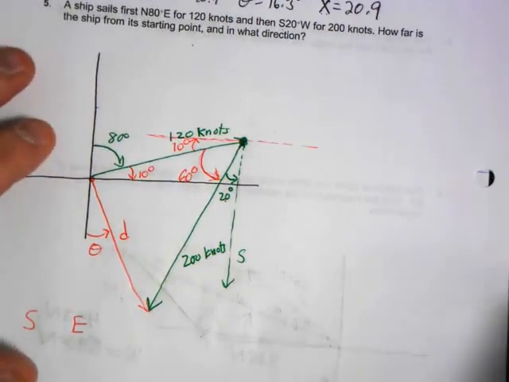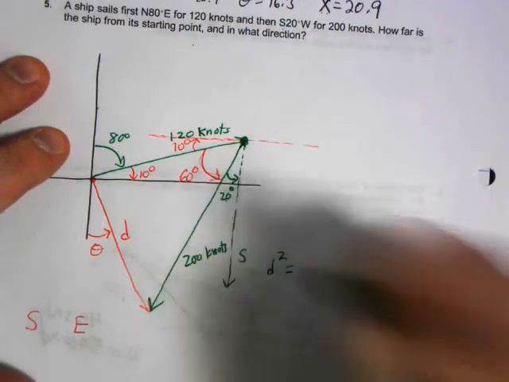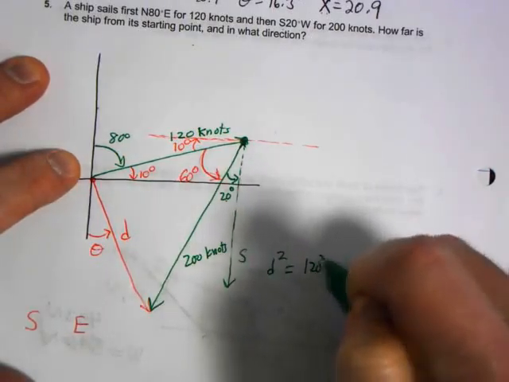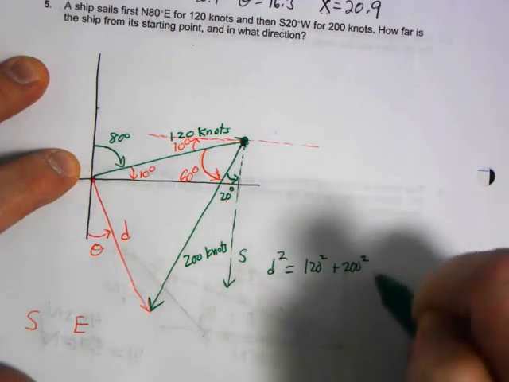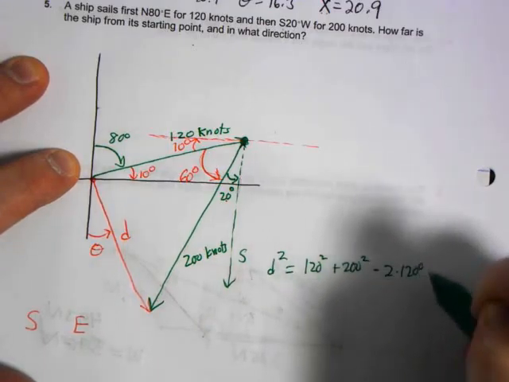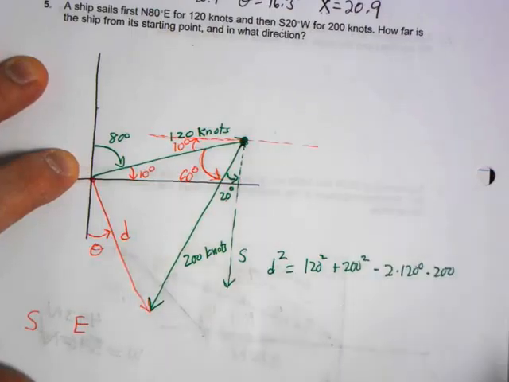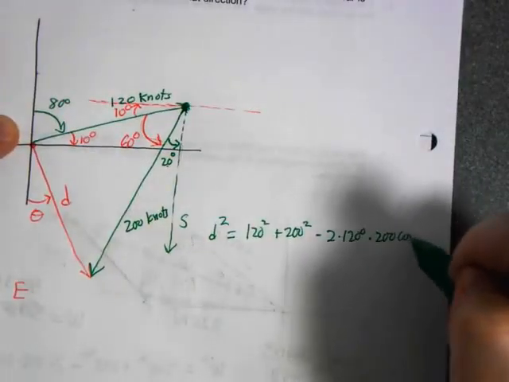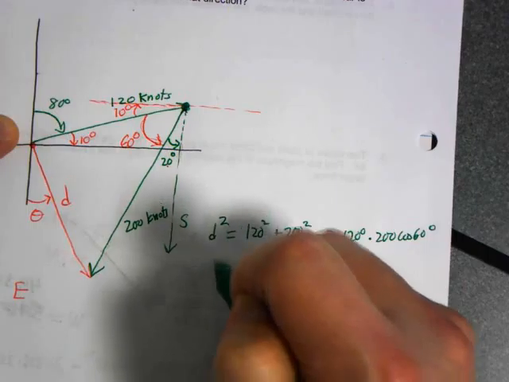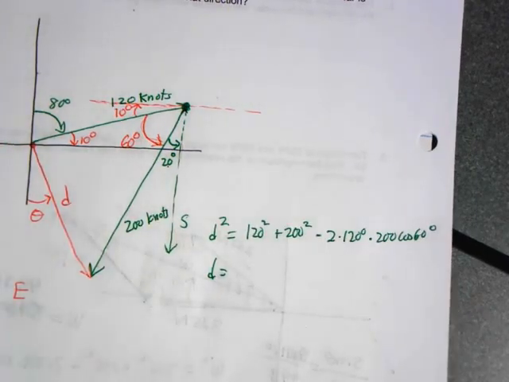All right. D squared is 120 squared plus 200 squared minus 2 times 120 times 200 times cosine 60. Again, grabbing my calculator, pushing a whole bunch of buttons.